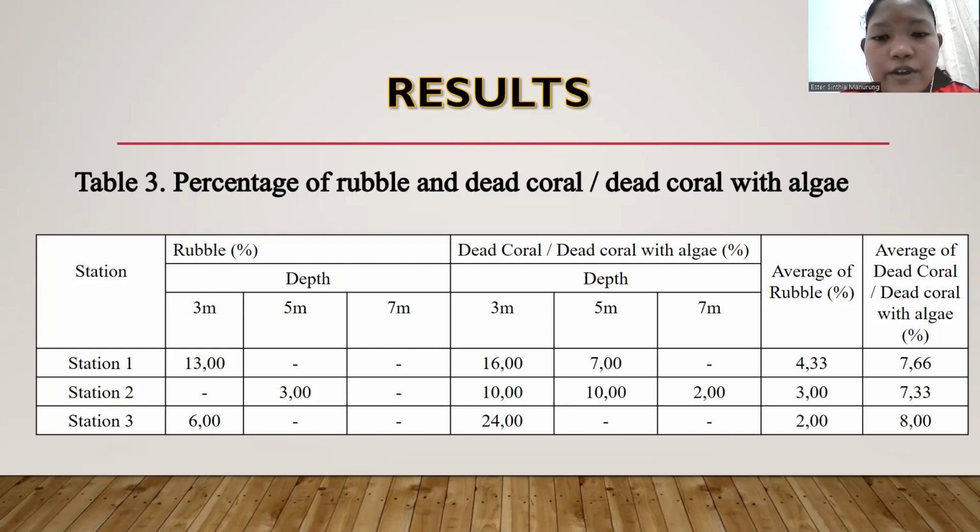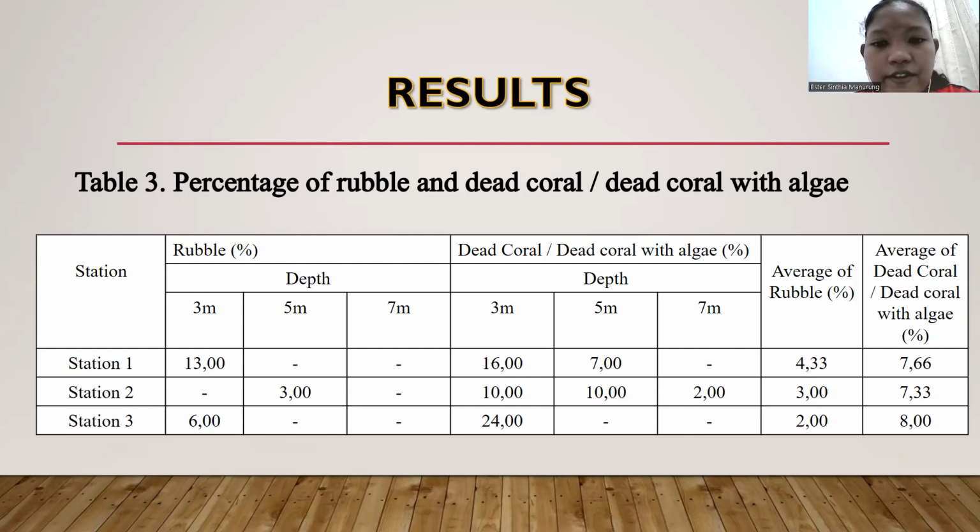The percentage of rubble cover illustrates the magnitude of damage to the coral reef ecosystem in the water. The threat of damage to coral reefs can originate from nature and result from human activity. Wilkinson explained that natural damage is usually caused by waves, storms, tsunamis, and rising temperature due to climate change.